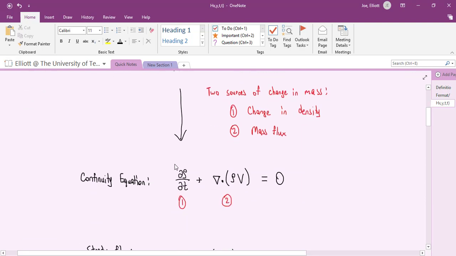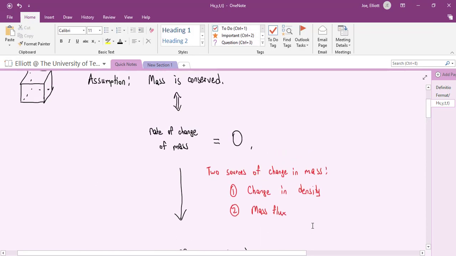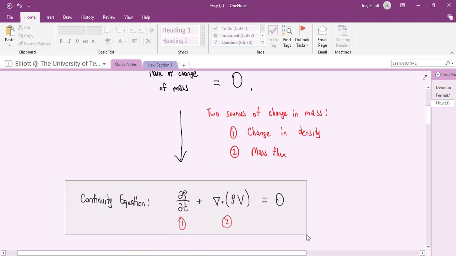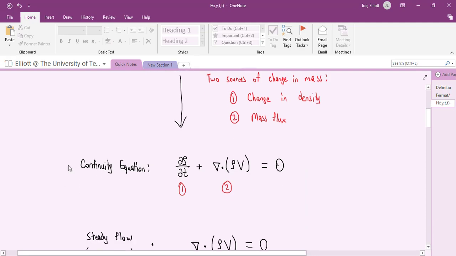And so we're saying the total rate of change of mass should be equal to 0 under our assumption that the mass is conserved, okay? So that's what this continuity equation is coming from. It's coming from conservation of mass.